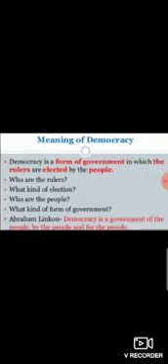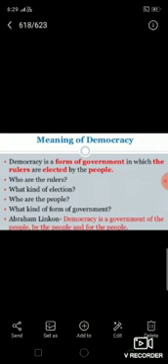We can do so by understanding each word in this definition carefully and spelling out the features of the democratic government. Now, students, we have started with a simple definition that democracy is a form of government in which the rulers are elected by the people.